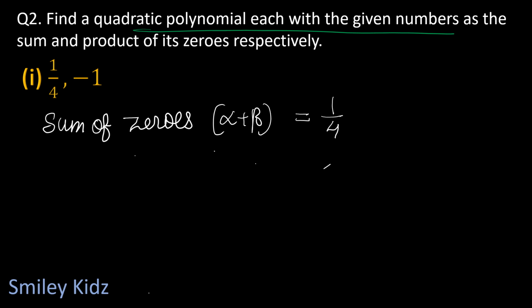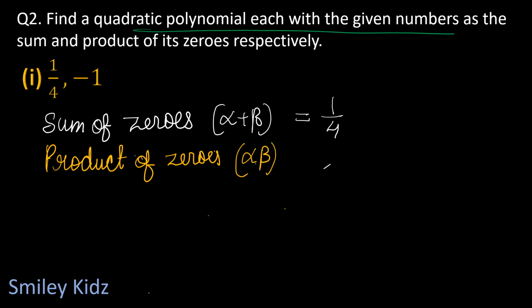And we are also given the product of zeros, that is alpha beta, or alpha times beta, as -1. Now with these given values, they are asking us to find the quadratic polynomial with the sum and the product of zeros being 1 by 4 and -1 respectively.